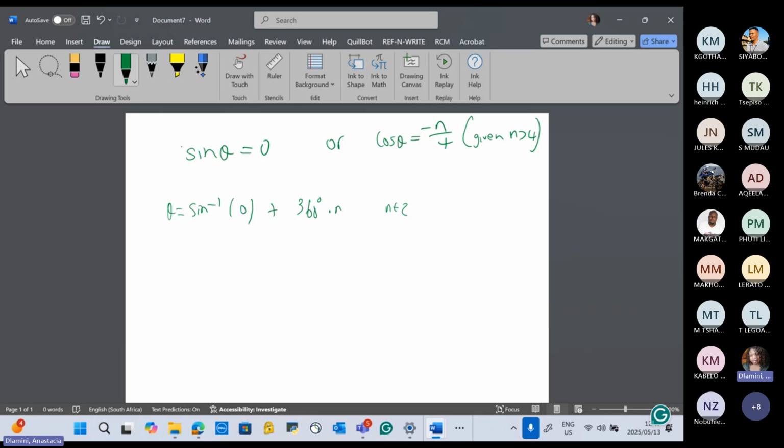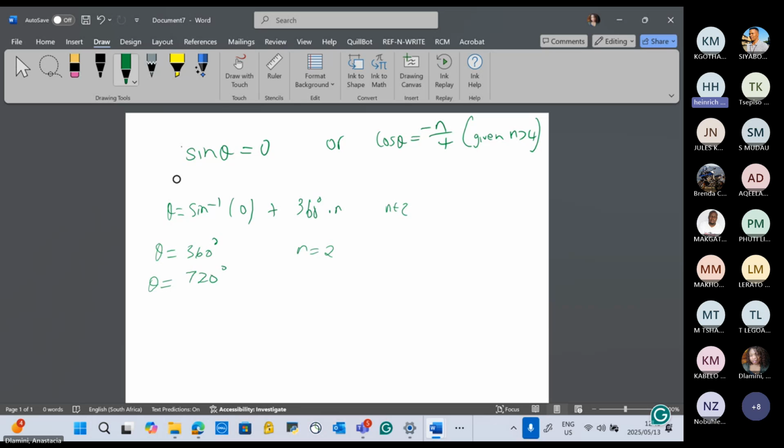Do you agree if I choose n equal to 1, I have 360 as the answer for theta? Yes, ma'am. If I choose n equal to 2, what do I have? I have 270 for theta. Does it make sense, guys, for the general solution? Yes, ma'am.